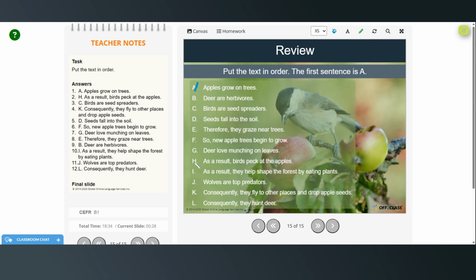And then number two is H. As a result, birds peck at the apples. And then birds are seed spreaders. Consequently, they fly to other places and drop apple seeds. Seeds fall into the soil. So new apple trees begin to grow.